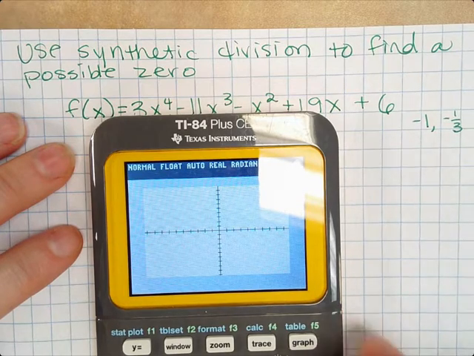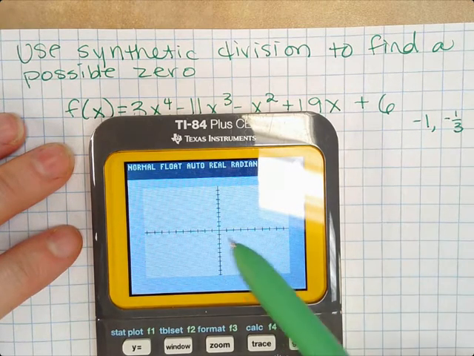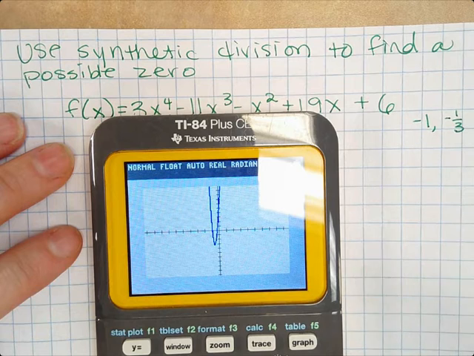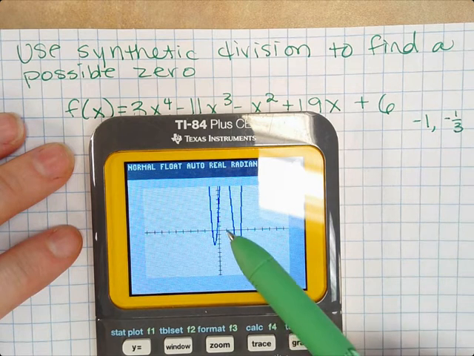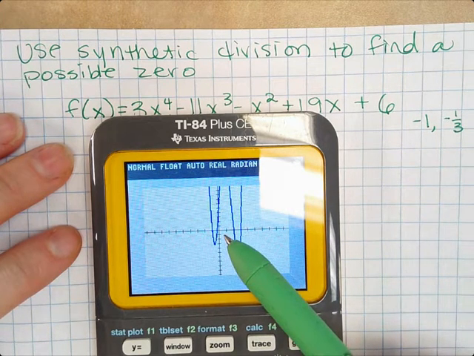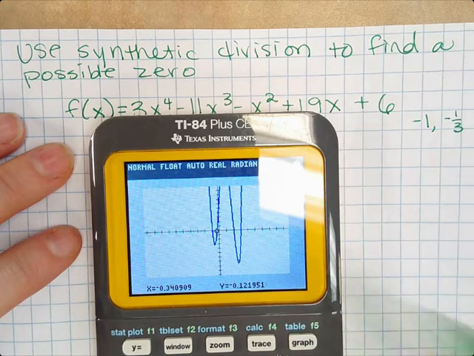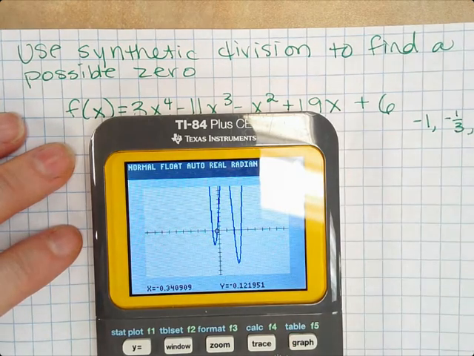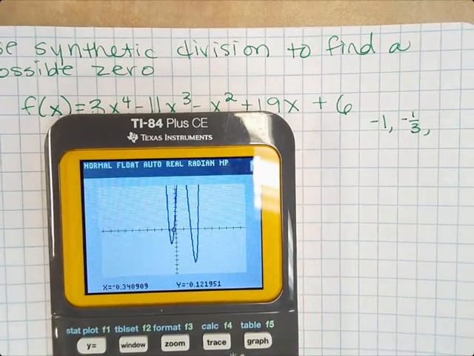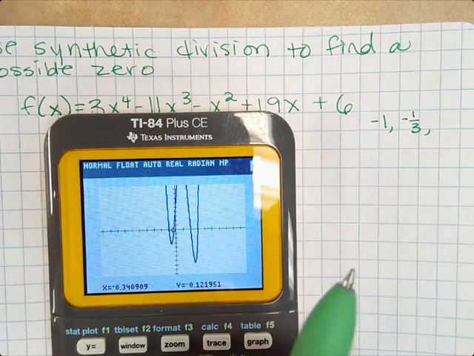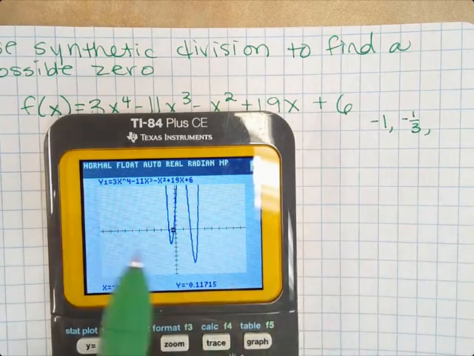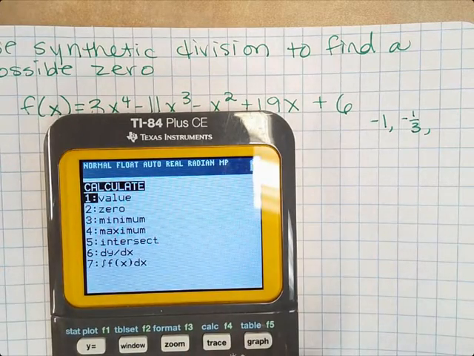Zoom out. And then we have a couple more over here. 2 more over here. What is that one and that one? Y'all tell me. 2 and 3. Yeah, it looks like 2 and 3.